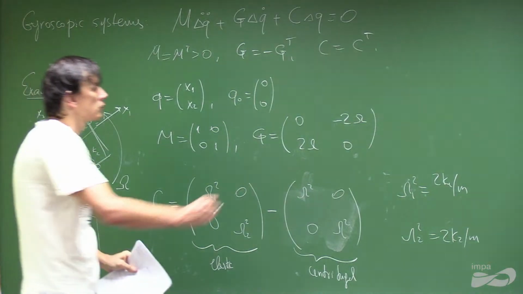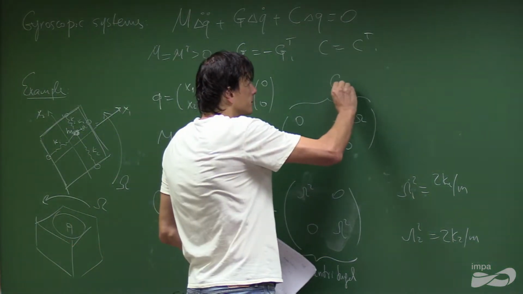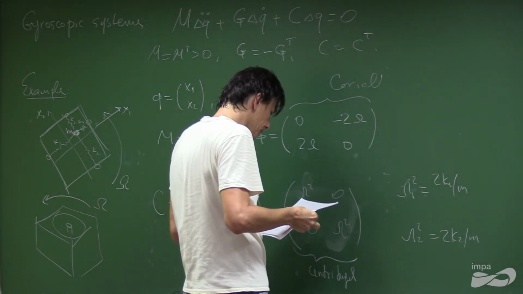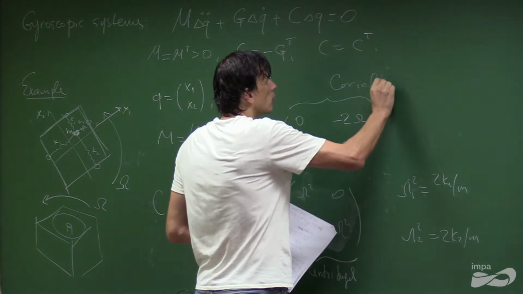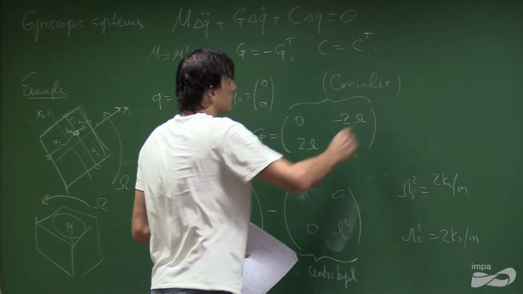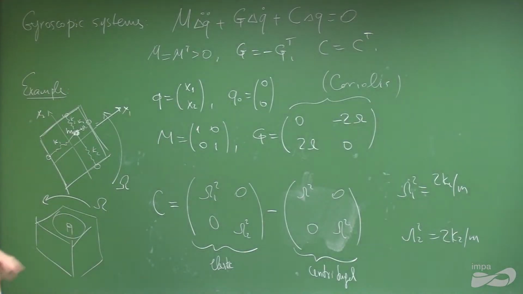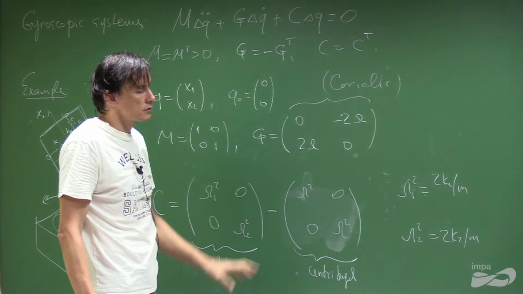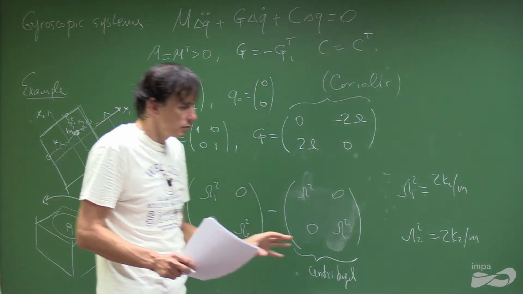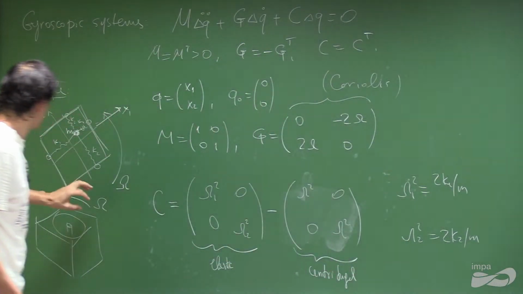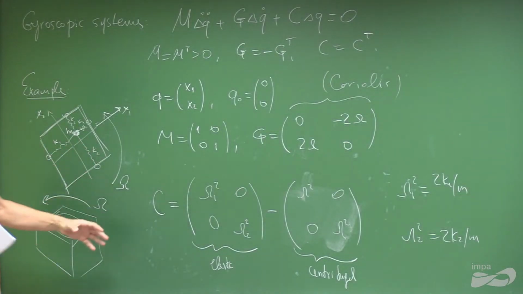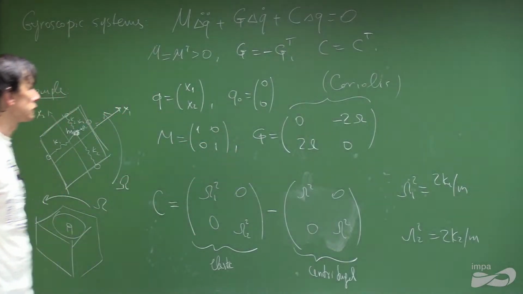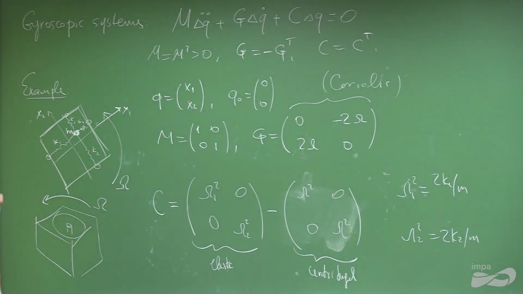And this is what we know as Coriolis: the term which gives you the Coriolis force is proportional to speed, so it acts if something is moving. When you're in a centrifuge and you start to walk toward the center, you will be pulled to the side. This is the Coriolis force. So there are three classical forces.